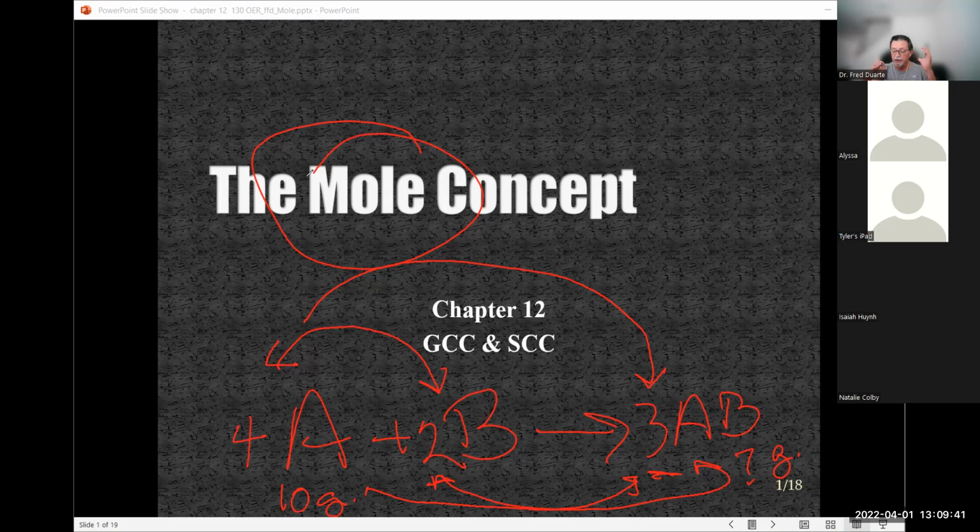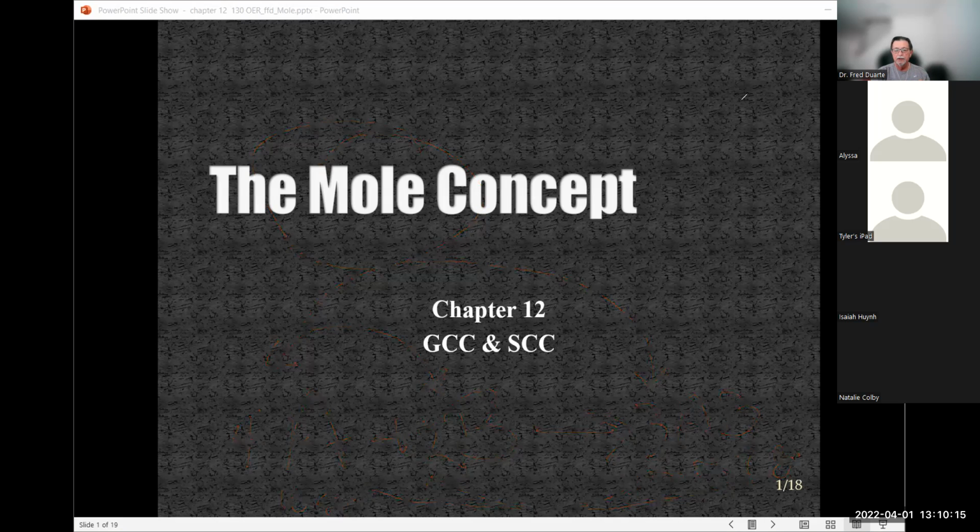But once I convert the A's to moles, and then I use the relationship from the balanced chemical reaction of A to AB, which is 4-to-3, and I set that up in the ratio, now I can get to moles of AB, okay? And once I know moles of AB, I can go to the next step and calculate grams of AB, okay? Now, this mole concept is very important with respect to our calculations.